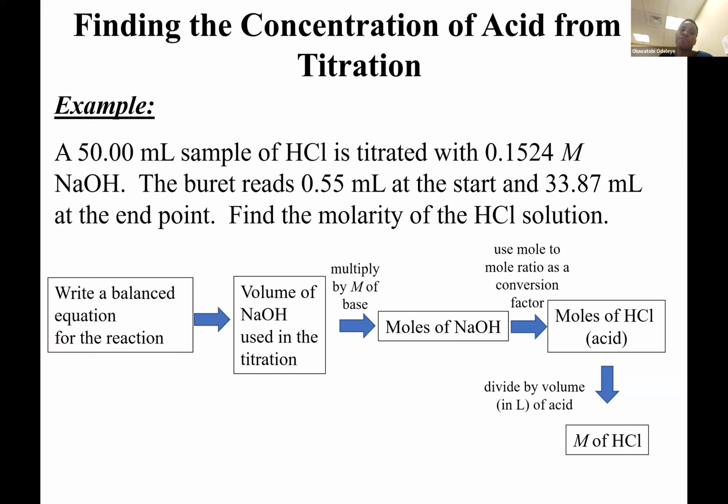Okay, so a 50 milliliter sample of HCl is titrated with that many molar NaOH. So the first step is to write out your equation: HCl plus NaOH gives H2O and NaCl, and this is balanced. It's a 1-to-1 reaction. The burette reads this at the beginning and this at the end, which means that I've added the difference.